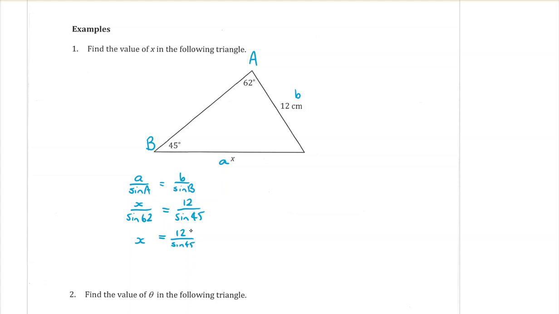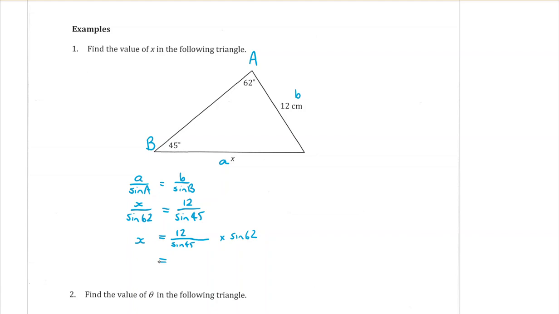So you can either put the sine 62 up here on the top of the fraction, because you're multiplying it to the top, or the other option is to go times sine 62 out the side, which is probably the more natural thing that people want to do. But just be aware that that does mean it's being multiplied to the top, if you happen to see that in a multiple choice question, where they don't want you to find the full answer, they just want you to show that it gets to that point.